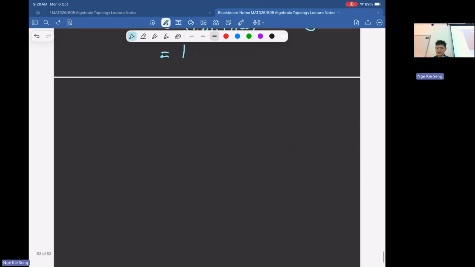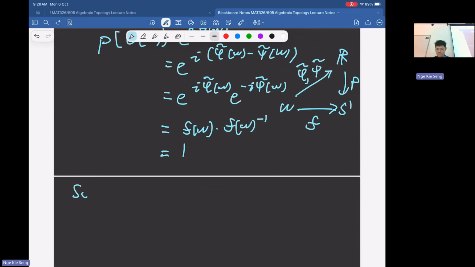But by the property of the W, what is d theta here? D theta here will lie inside the pre-image of 1. But e to the i theta, what's the pre-image of 1?